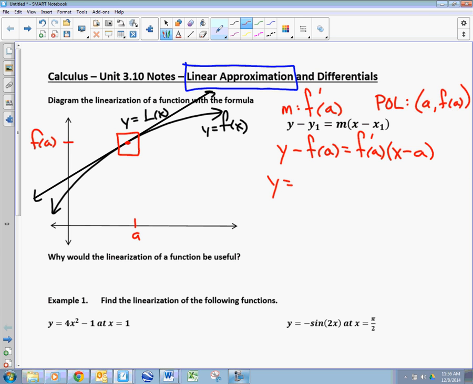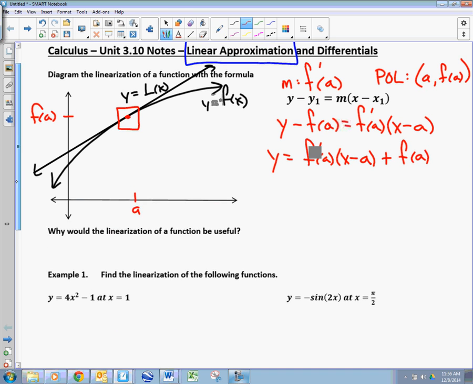Or y is equal to f prime of A times x minus A plus f of A. Everybody okay with that?